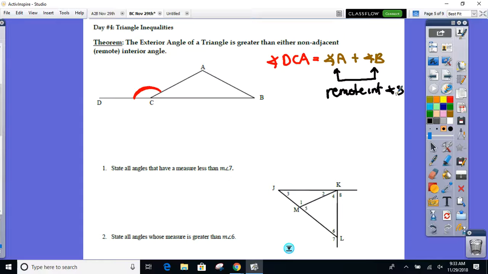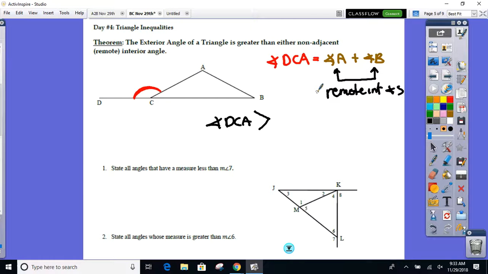Remote interiors. I'm going to take that next level right now. If that exterior angle is equal to the two remotes added up, do you agree with this statement, that the exterior angle has to be bigger than both of these separately?